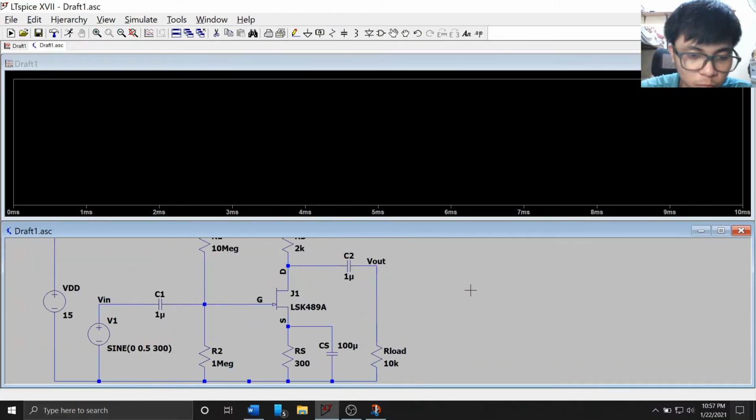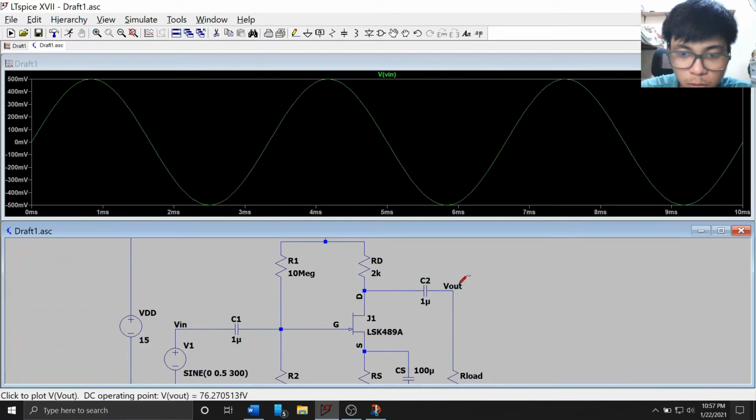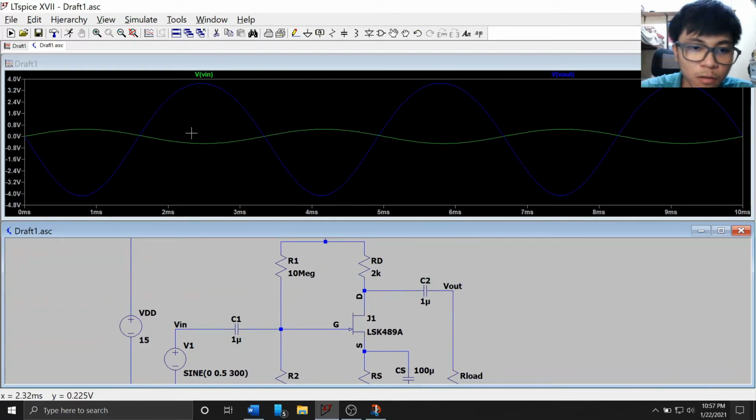Before moving on to the values that we need, let's first compare the waveforms of the input voltage and the output voltage. As I have said a while ago, during the positive half cycle of the input signal, we have an amplified negative output voltage, and during the negative half cycle of the input signal, we have an amplified positive output voltage.